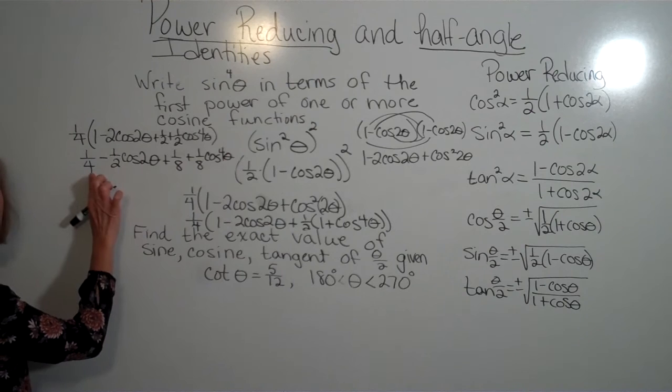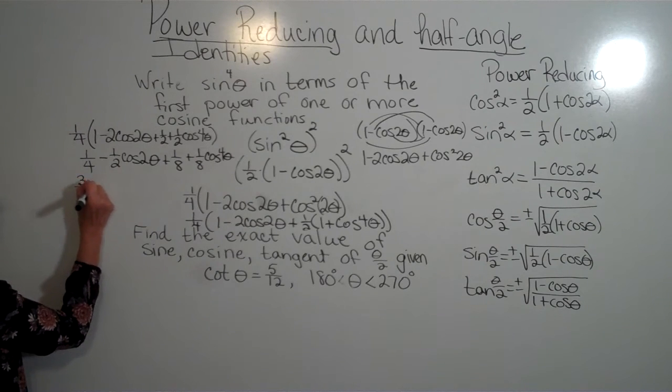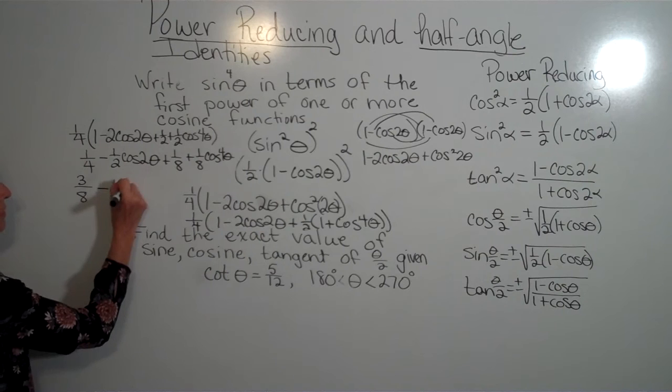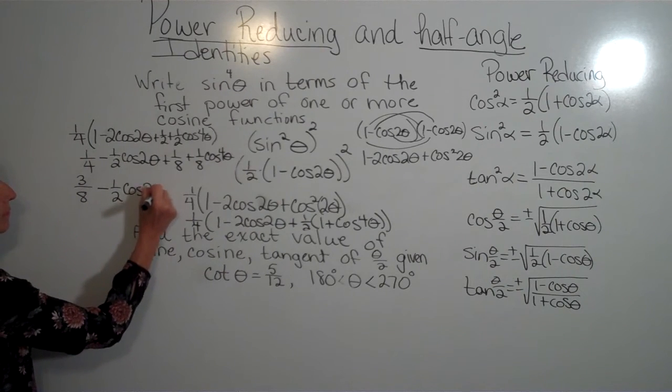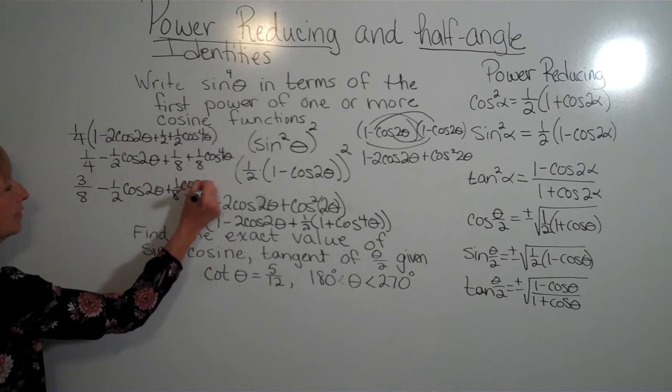And then lastly, 1/4 plus 1/8 is 3/8. So I have 3/8 minus 1/2 cosine 2 theta plus 1/8 cosine 4 theta.